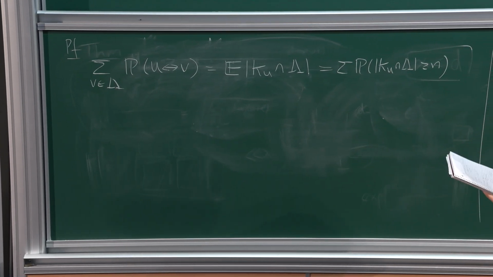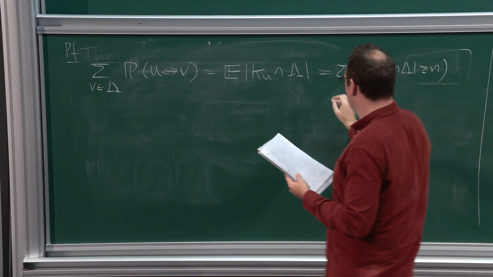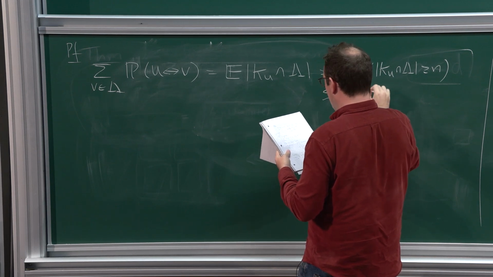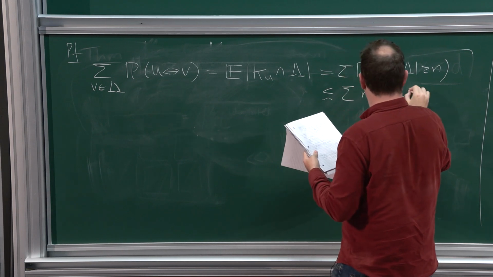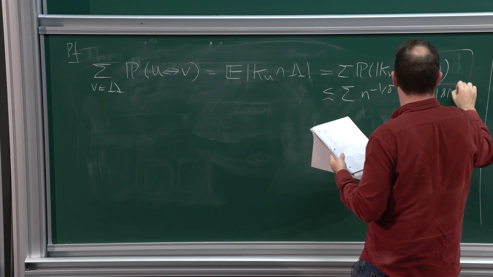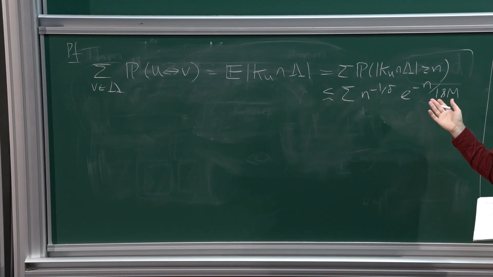Okay. Plug in the bound from the first corollary: n to the minus 1 over delta, e to the minus n over 18m.